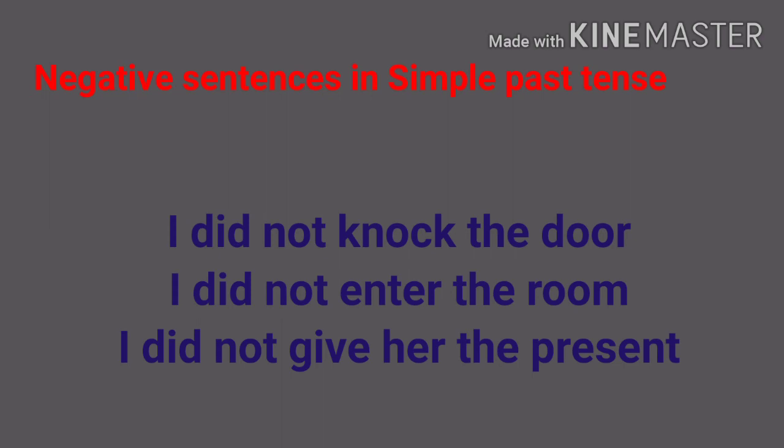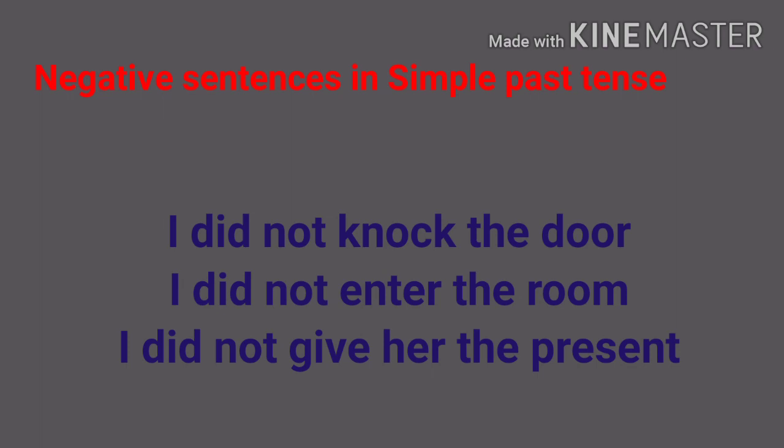Now let us see, how do you make negative sentences in the simple past tense form? Again, you have to use did and you have to use the negative word not. It goes like this. I did not knock the door. I did not enter the room. I did not give her the present. So how is it?